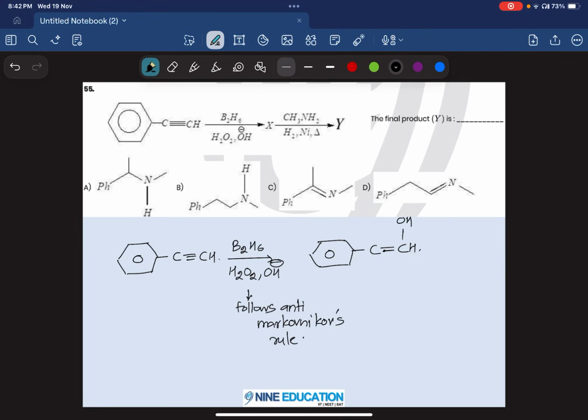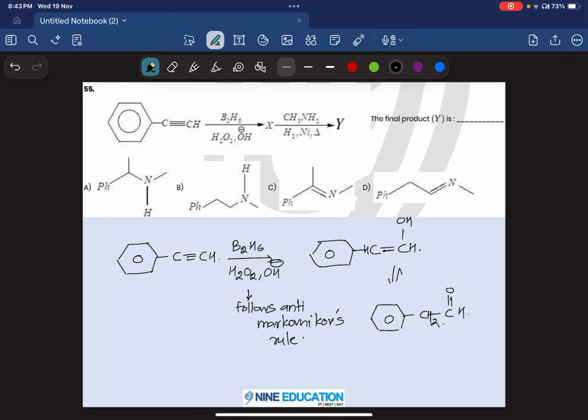It undergoes tautomerism to form a ketone sort of product, CH2, C double bond H. This is what is happening in hydroboration in the first step.